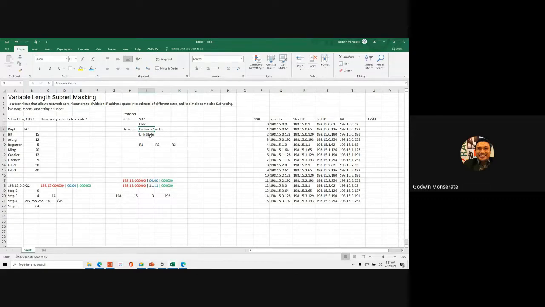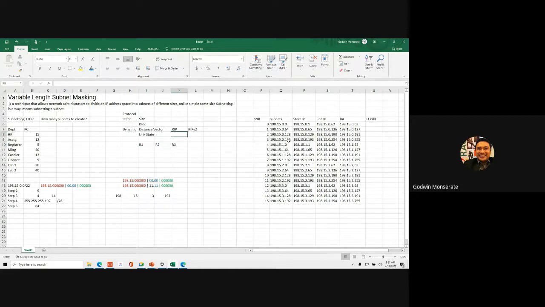Link state does not work that way. As long as all of these routers are interconnected, they are all neighbors. That is the link state type. So what protocols are distance vector? Usually, RIP and RIP version 2 are distance vector types of routing protocol.